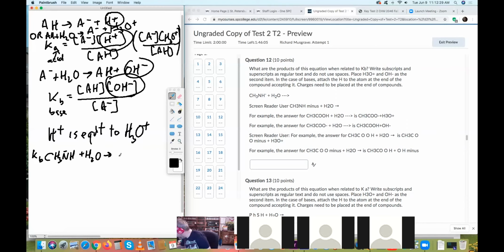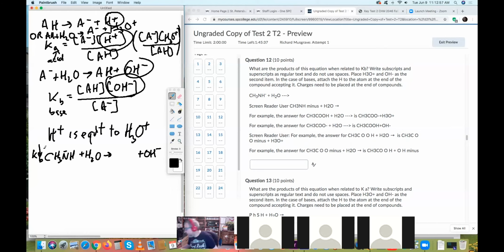So Kb. So it's going to be something plus OH-. Now I know it's plus OH- automatically because it says Kb. It's that simple, folks. If it's Kb, it's base, it's OH-. If it was Ka, I'd put H+ or H3O+ in the case of adding water.